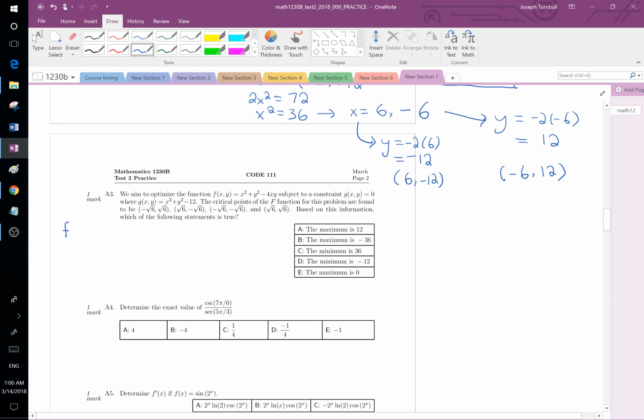And you simplify. So I'm going to plug each of those 4 points in. We're going to plug f of negative root 6, comma, positive root 6 into the original function. So that's going to be negative root 6 all squared, plus positive root 6 all squared, minus 4 times negative root 6 times positive root 6.